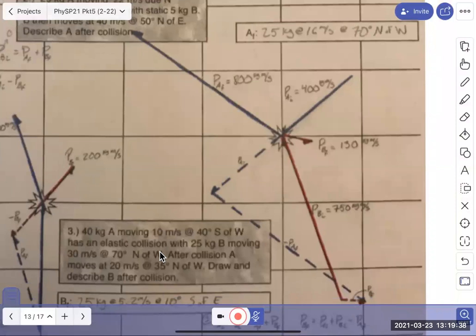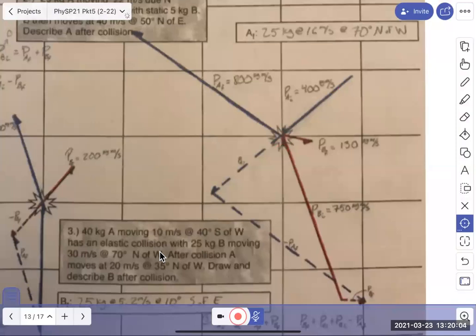But for this, the hardest one on the sheet, you're given 3 arrows, and you have to come up with the 4th arrow. It's always mathematically bizarre to me, but this works. You're given this initial arrow of object B. It tells you what object A's initial arrow is, that's a mass times velocity and the angle.